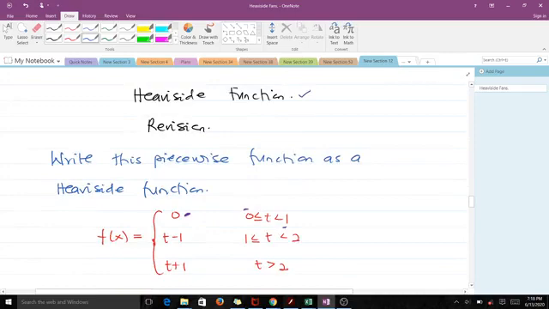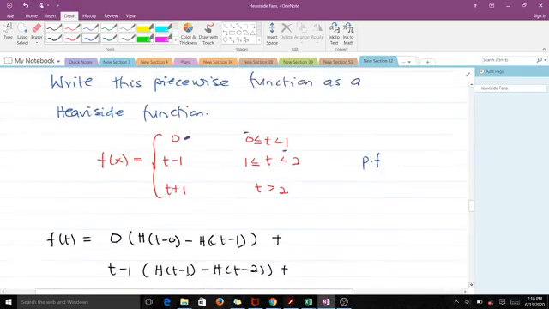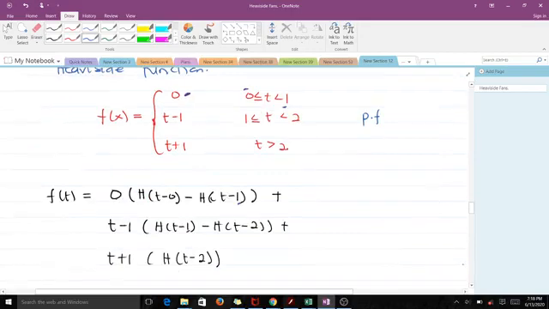Okay, so this is a piecewise function. In writing it as a Heaviside function, it is going to be 0 times h of t minus 0, then minus h of t minus 1, and that's what we have here.